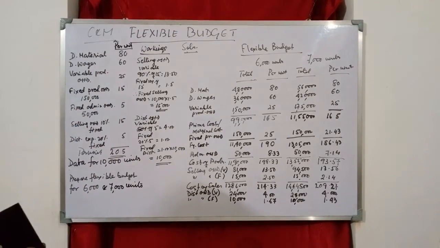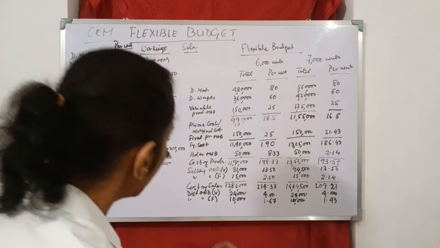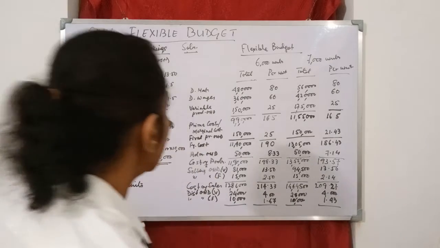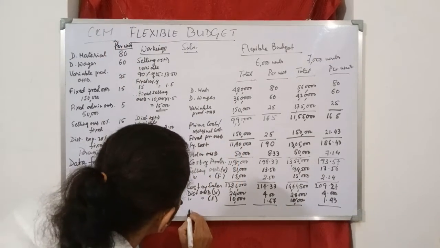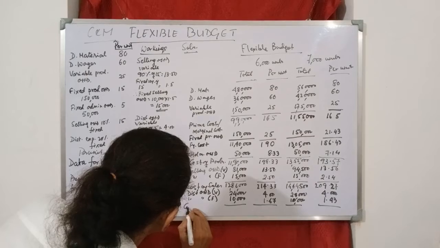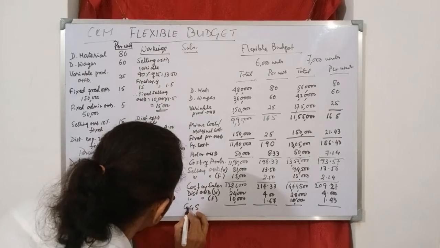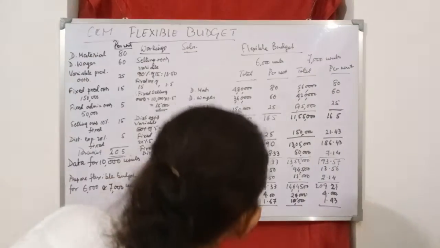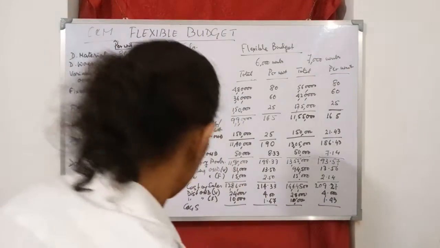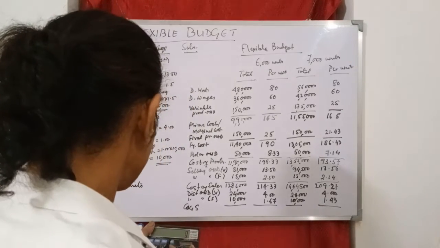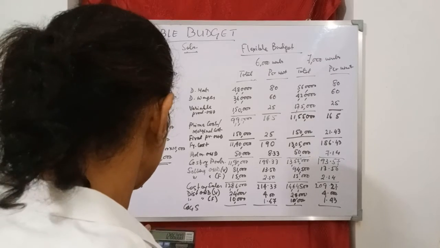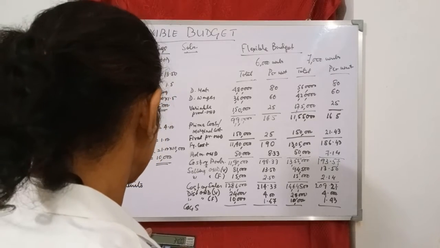So all the expenses have been included in the budget, and our flexible budget is almost complete. We have to add up the columns to find out the COGS, cost of goods sold. So here it is 12,86,000 plus 34,000.